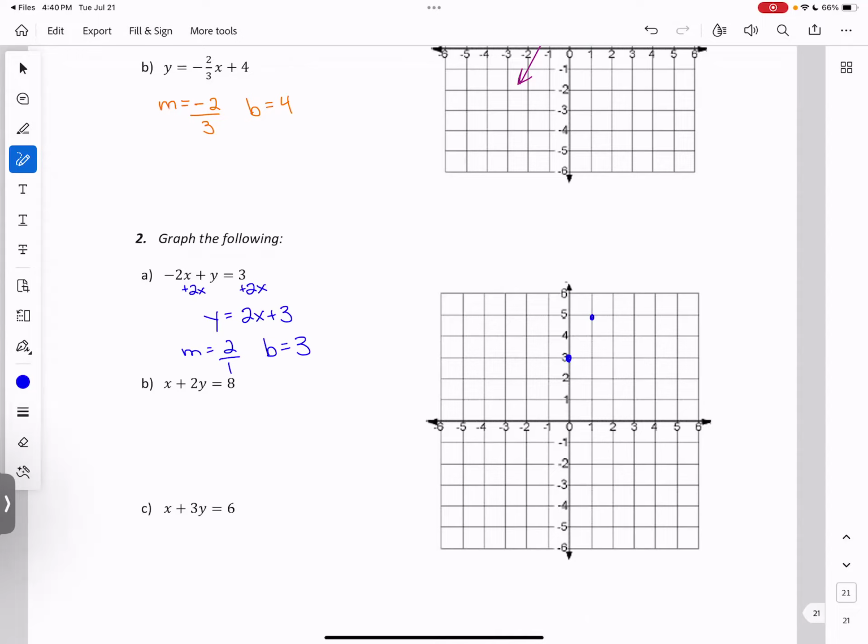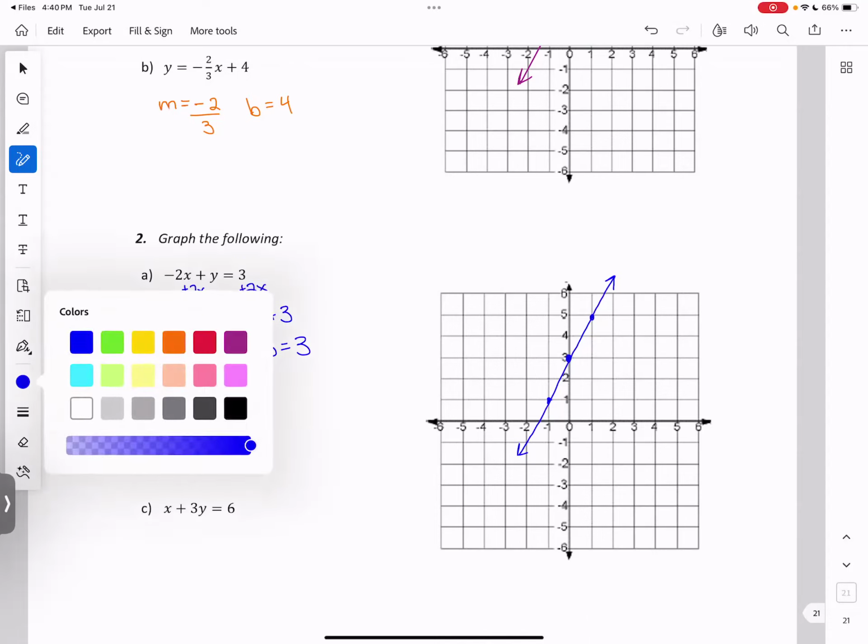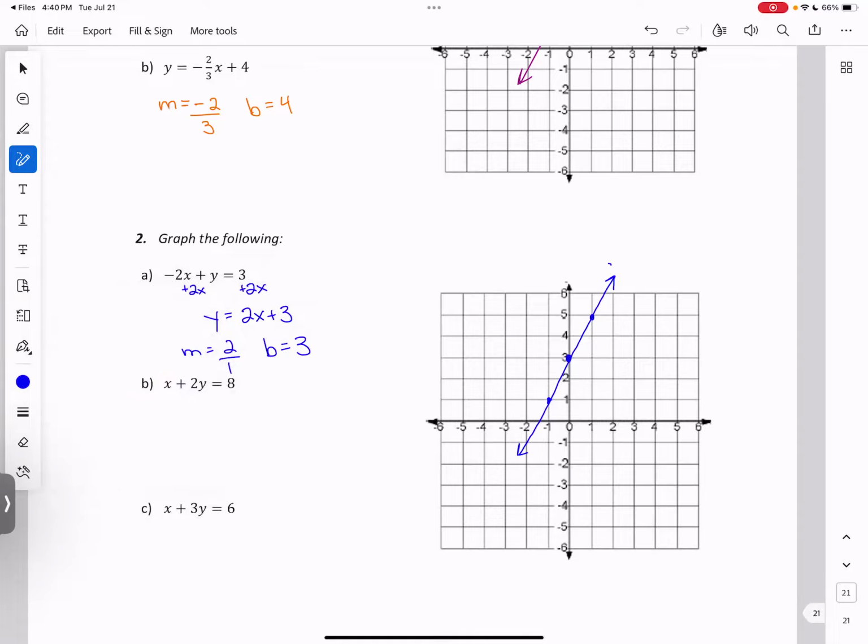Or if you think of it as negative 2 over negative 1, we're going down 2 and to the left 1. And so that gives us our line. And then we can just draw through those points. Okay, oh, and maybe I'll just label that as A.